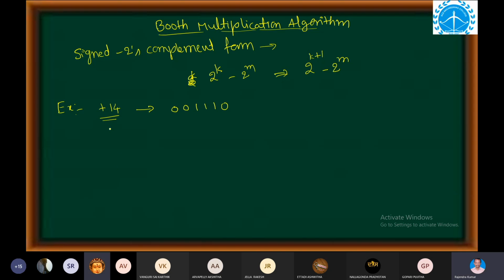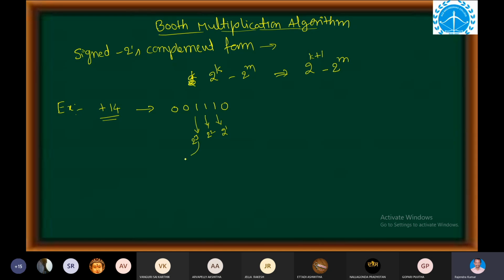So 1110. It has ones in which places? This is 2 power 1 place, this is 2 power 2 place, and this is 2 power 3 place.